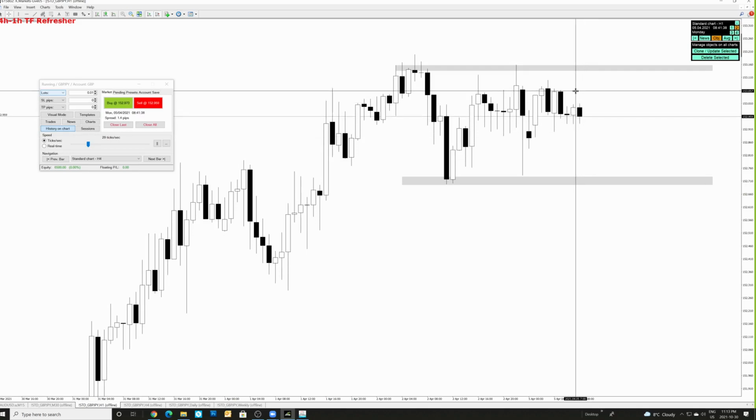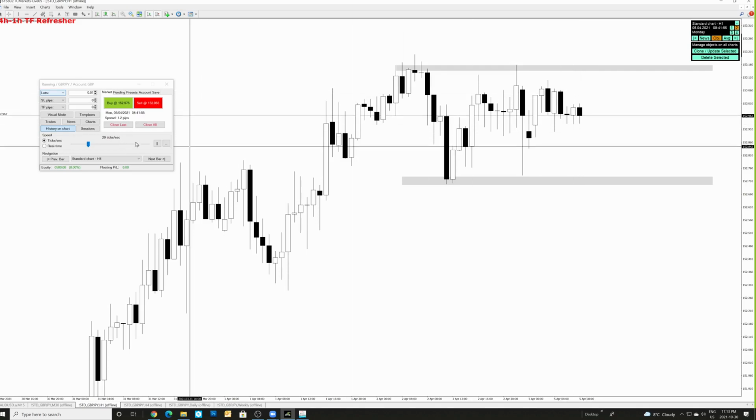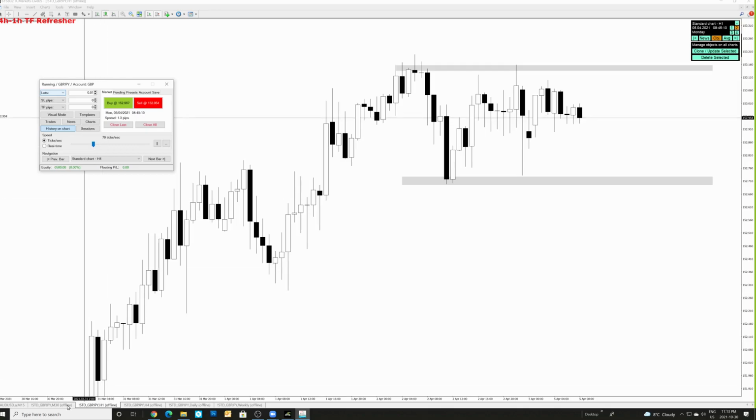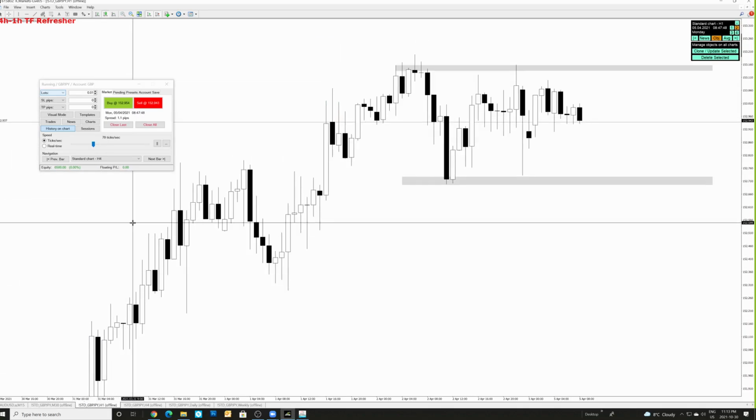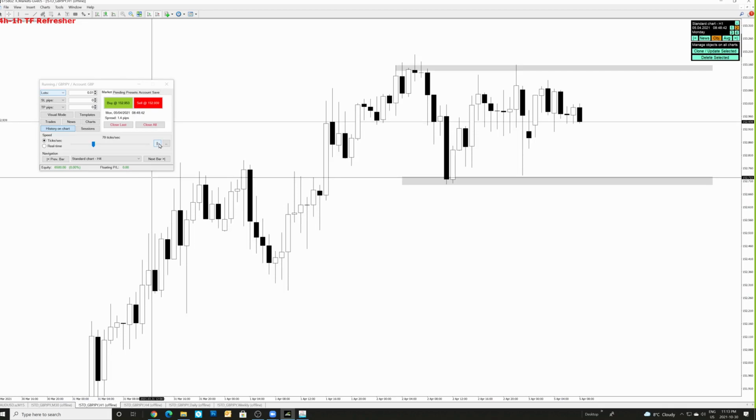So yeah, we'll see. We shall see. This 1 hour candle is coming down to a close. Let me speed it up a little bit, because we're going to wait for the 1 hour candles to close, and then we shall make some decisions at this point.